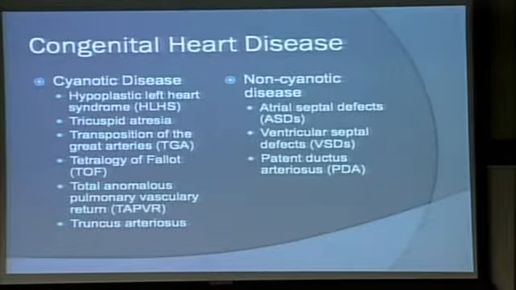Okay, well, let's talk about the heart diseases. We get two flavors of heart disease. Cyanotic heart disease, in other words, they are cyanotic at rest, which means they're mixing unoxygenated blood with oxygenated blood, and so the problem is something at the level of the heart is mixing the blood.